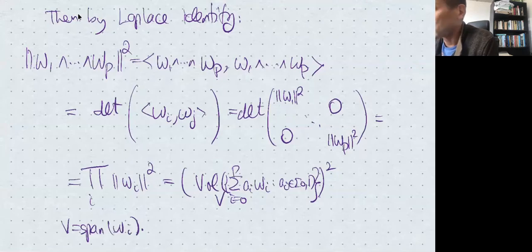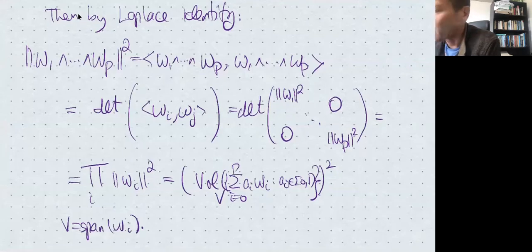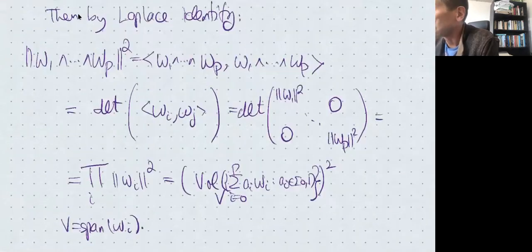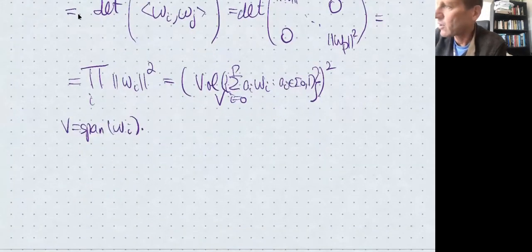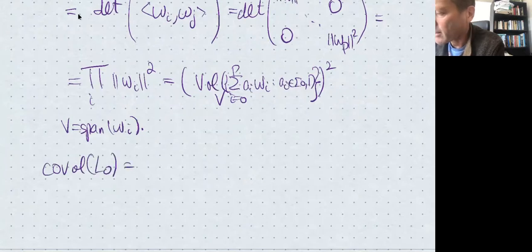So now that we know this, let's talk about the general case. So the co-volume of L0 is the volume in V of a similar set.